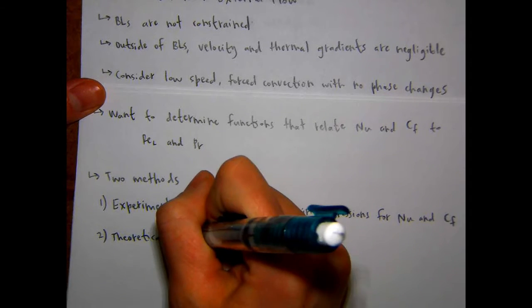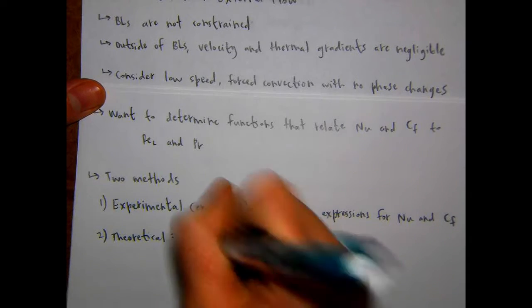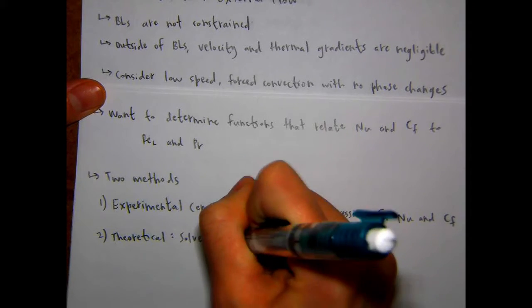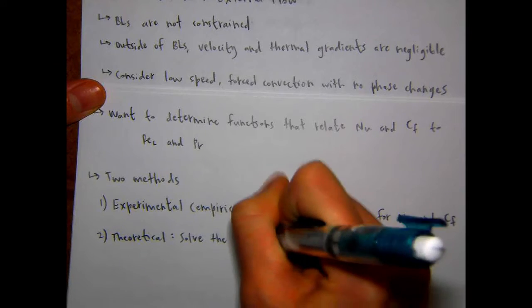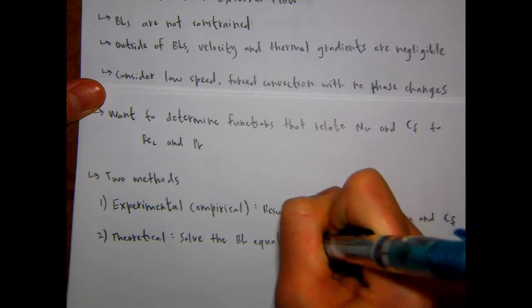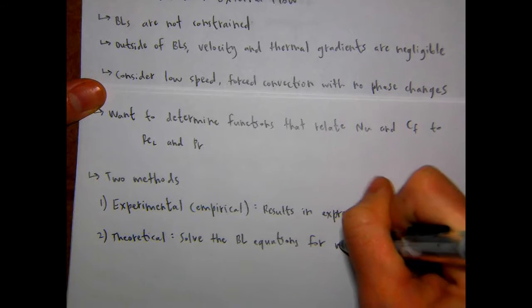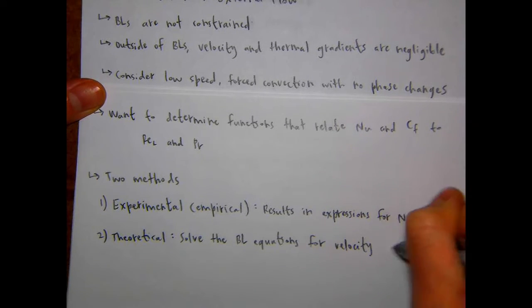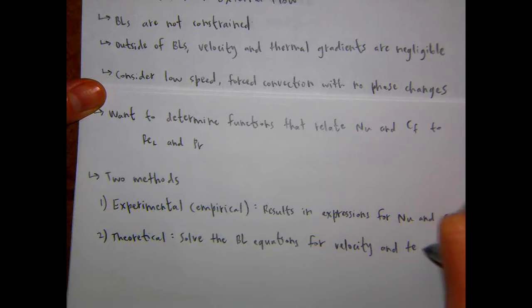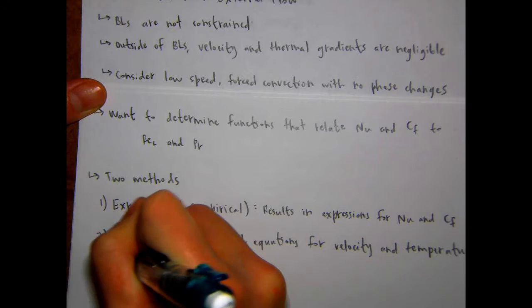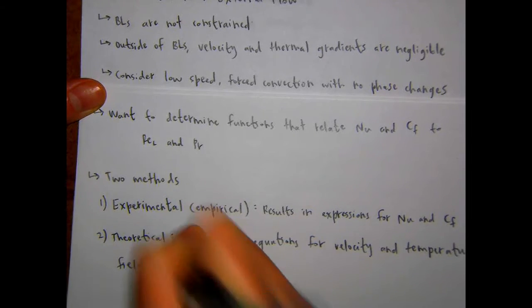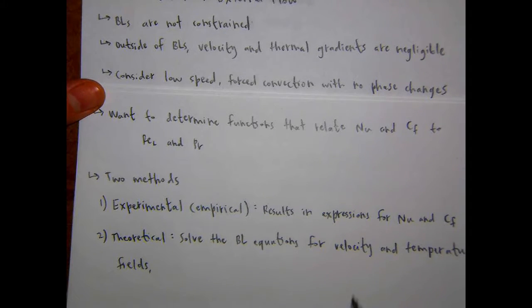So these methods: you solve the boundary layer equations for velocity and temperature fields. So U of X or Y, or however many dimensions you're considering, and T of X, Y.